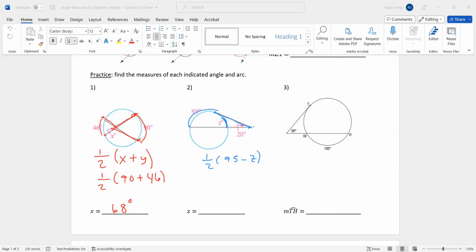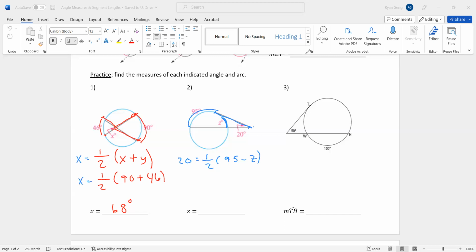Well, that doesn't help me. But remember, it's an equation. If you go back up to the top, the measure of angle 1 equals 1/2 X minus Y. The measure of the angle I know this time, so I'm going to put that in. 20 equals 1/2 times 95 minus Z. If I went back to the first practice problem, I could have put an X equals in the front of it.